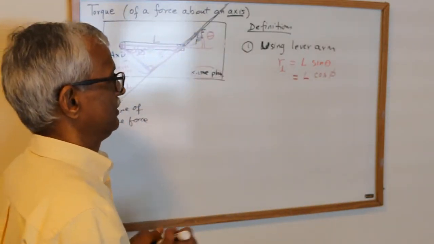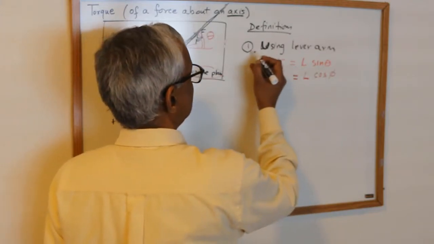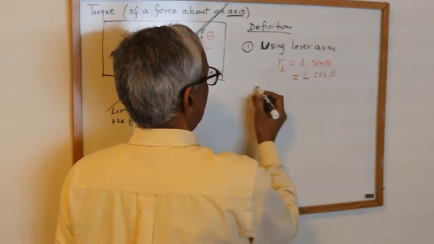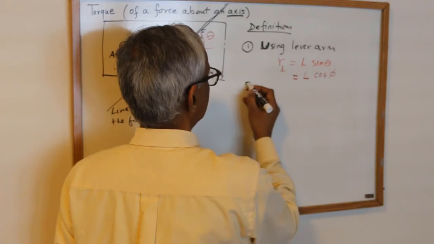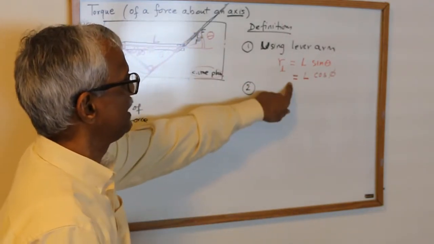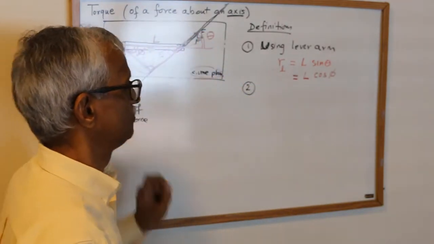So when you use a lever arm, the first thing to compute is the lever arm, and then you multiply the lever arm with the magnitude of the force.